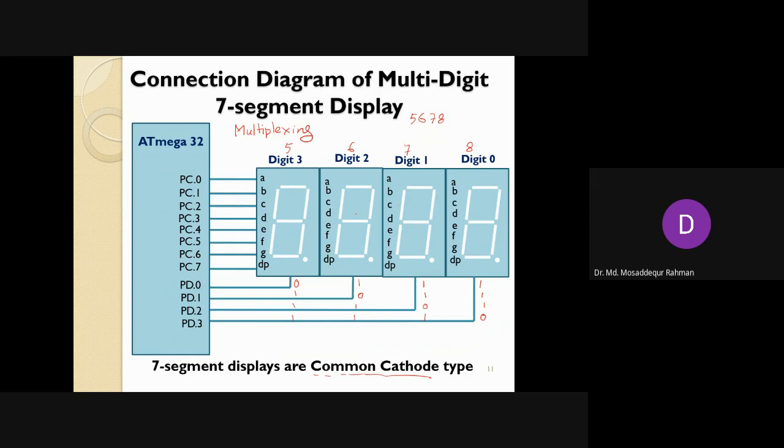It will appear that all the numbers are there at the same time. This is how you will see them, but actually they are not there at the same time.